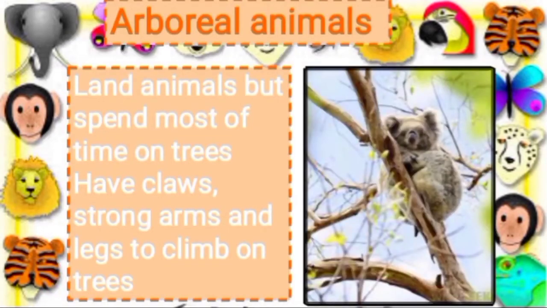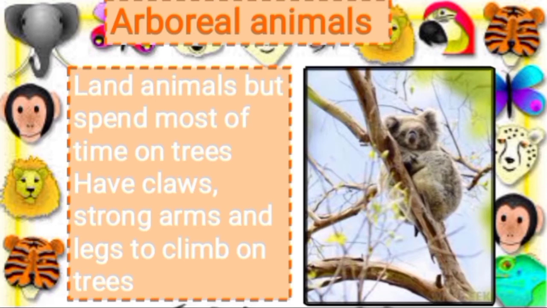Now let's understand about features of arboreal animals. An arboreal habitat is a home for organisms that live in trees, which provide them food, shelter and other conditions so that they can live. These animals are land animals that live mostly on trees.